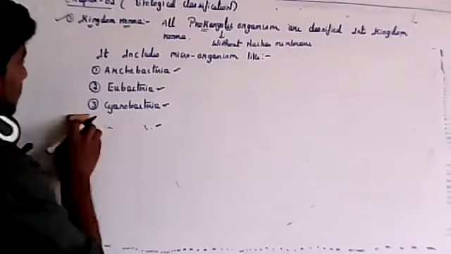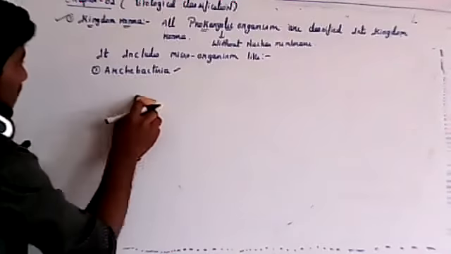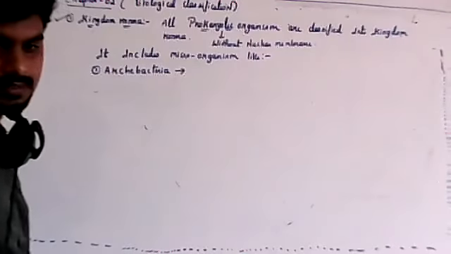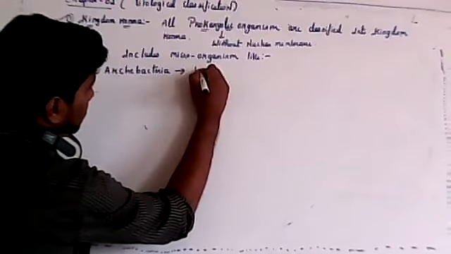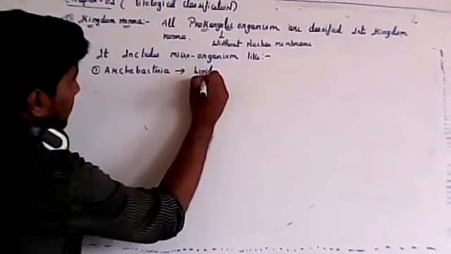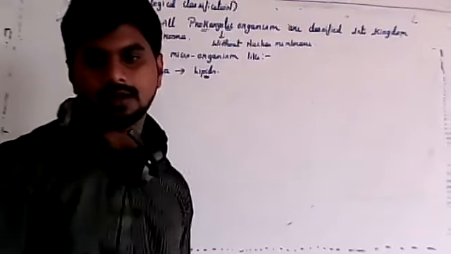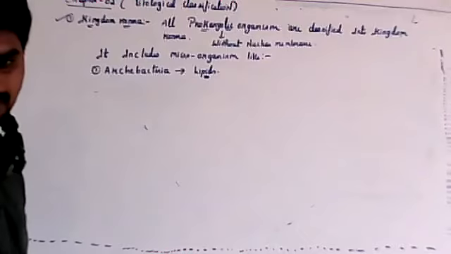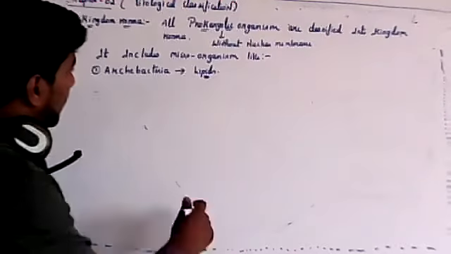So the first one is Archaebacteria. These are ancient bacteria which survive in extreme conditions. The special characteristic of archaebacteria is that their cell wall is made up of lipids, whereas in bacteria it is made up of peptidoglycan.